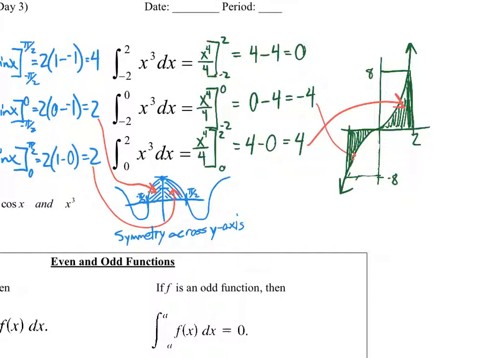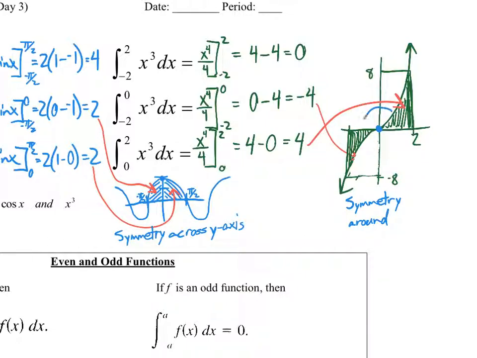Okay, yeah, this is symmetry across the origin, or we could say about the origin, or around the origin. In other words, if you use the origin as your rotational point and you rotate it 180 degrees, it'll look identical to itself.